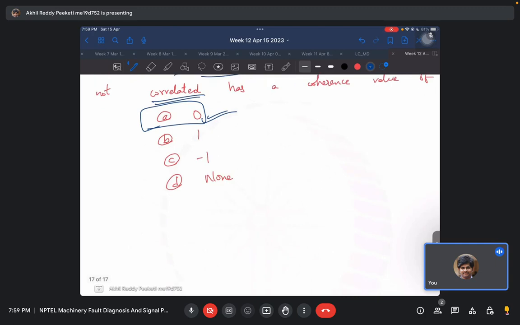Okay, so usually the coherence function gamma x square is between 0 to 1. So if it is 0, signals are not correlated at all and are independent.